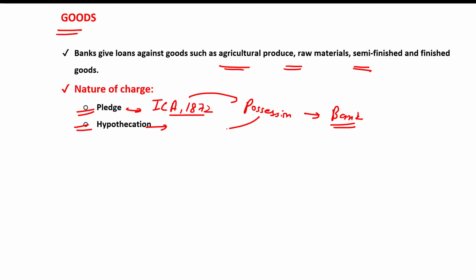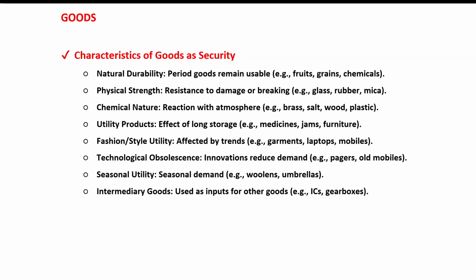In hypothecation, the possession remains with the borrower, but the charge is in favor of the bank. So in both cases, the ownership remains with the borrower and not with the bank. But again, the possession is transferred in case the nature of charge is pledge. It is not transferred if the nature of charge is hypothecation.